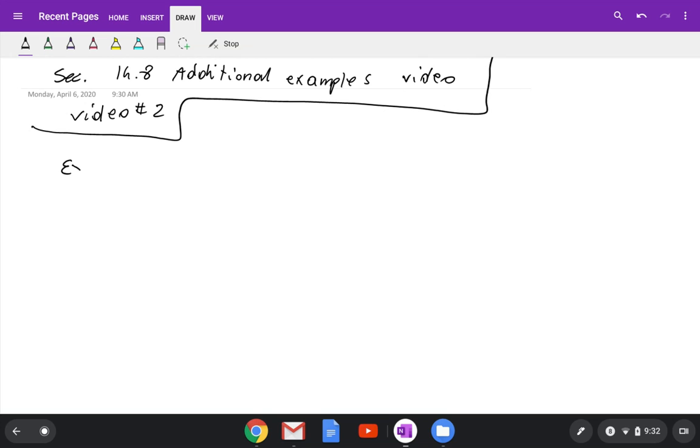Example 1, this is about the rectangle. The length of the rectangle is 5 more than the width.